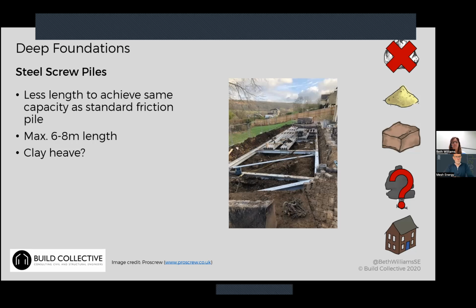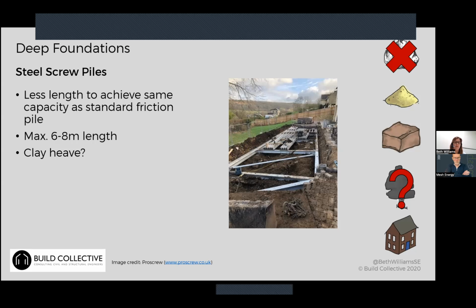And then you've got the more official screw pile manufacturers, which have been used on things like highways and railways projects, so you can get ones that have official design criteria and processes, and also come in much longer lengths and much greater capacity. So you've got a few different options there.